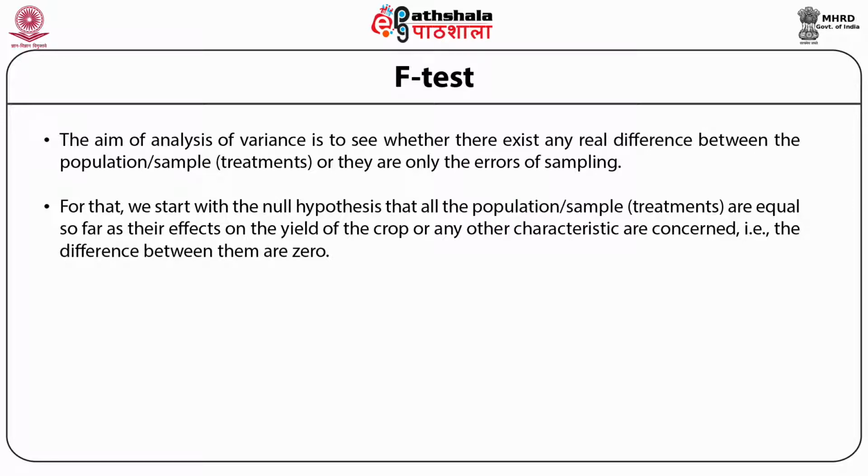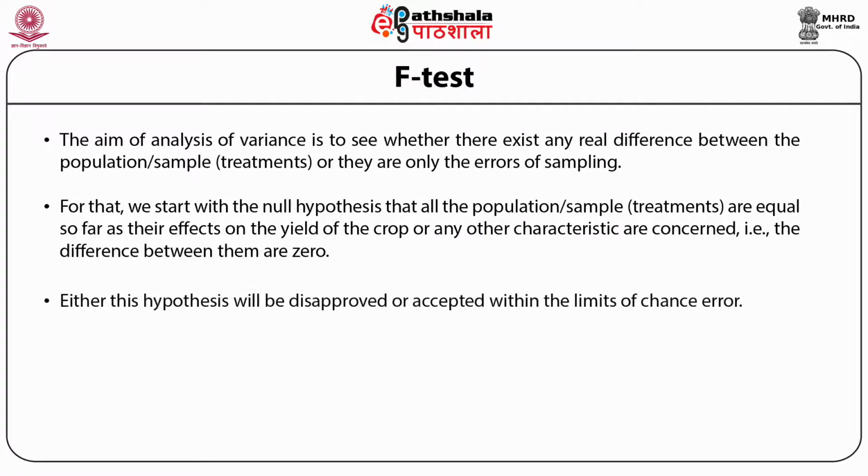It means the difference between these populations is 0. If we suppose T for the sample or population effect, the null hypothesis will be mu1 equals mu2 equals mu3 up to mu-n, where mu is just a notation. Either this hypothesis will be disproved or accepted within the limits of chance error.